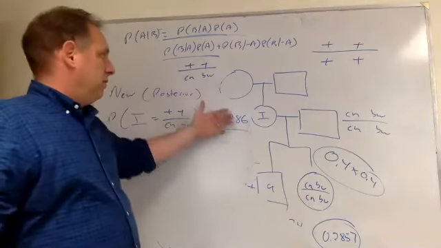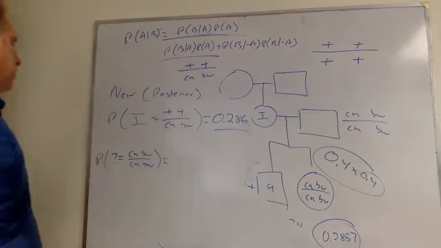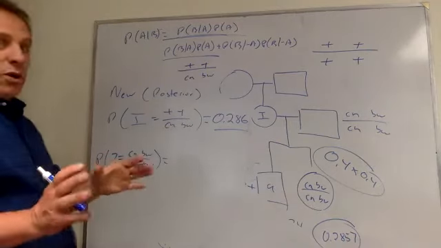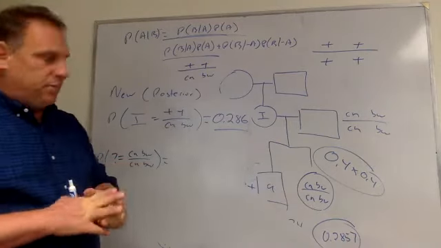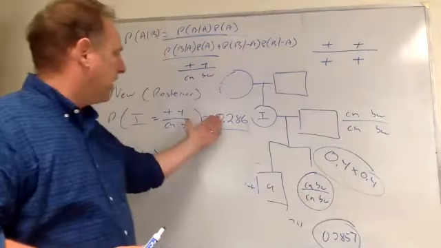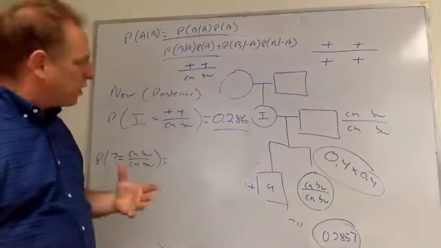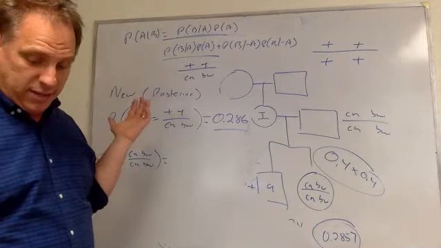If it has the alternate, there's no way it has white eyes, right? So shorthand, we could just say 0.286 times 0.4, because this has to happen, and then the 0.4 event has to happen. We could be short about it, and that would be the answer.